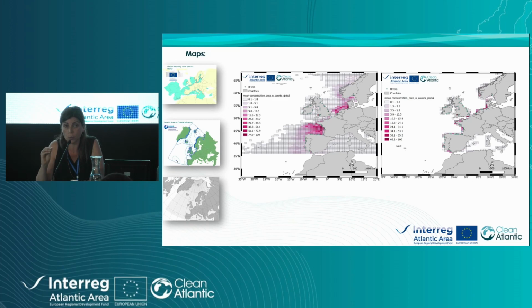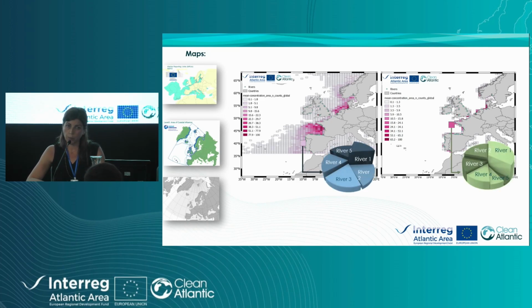So the model would show the areas with higher beaching, particles that stay on the beach. And apart from all of this, in each of these sub-areas, we can know which is the origin of these sources that contributed these particles to that polluted area.